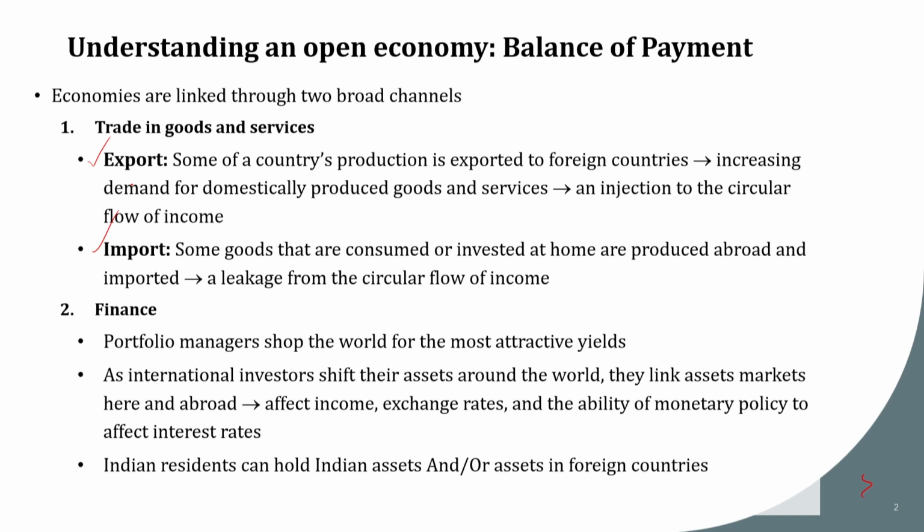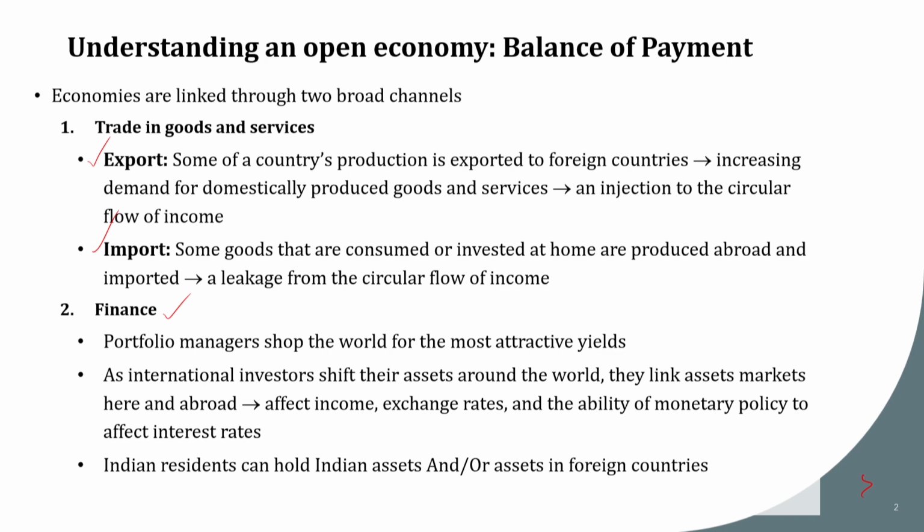Another way in which a country is related to the rest of the world is through the finance route. That means portfolio managers shop the world for the most attractive yield. As international investors shift their assets around the world, they link asset markets here and abroad, which would affect their income, exchange rates, and the ability of monetary policy to affect interest rates.